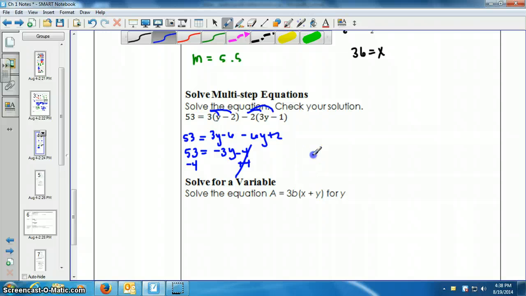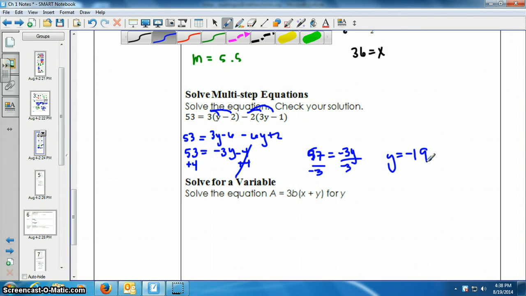I'm going to bring it over here. 49. Nope, we are adding 4. Oops. 57. There we go. 53 plus 4, 57 equals, over here, negative 3y. And divide by negative 3. And in your calculator, type that in, and you'd get negative 19.